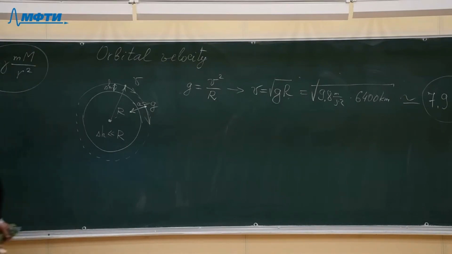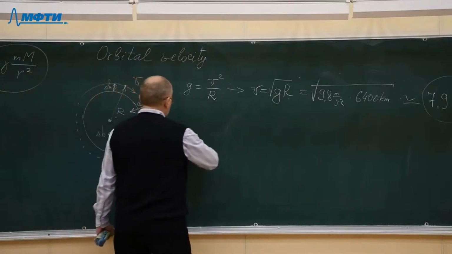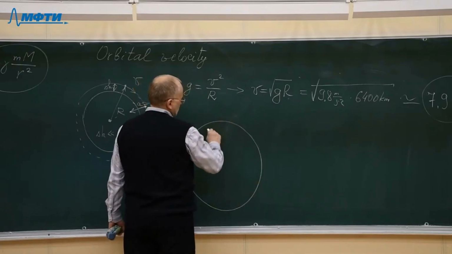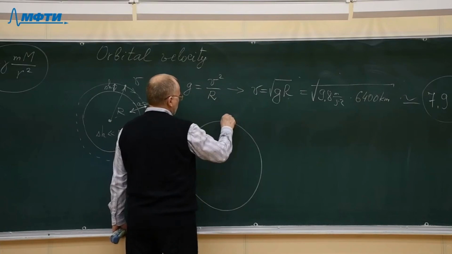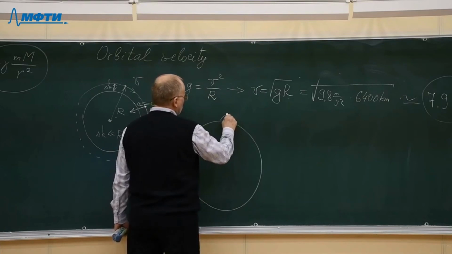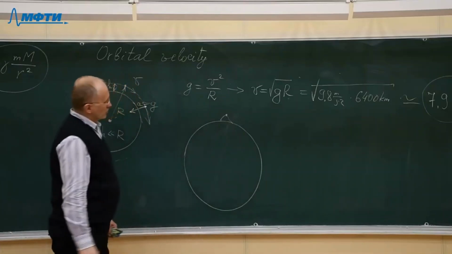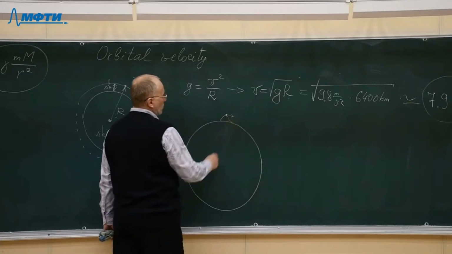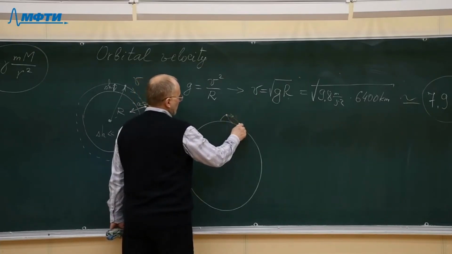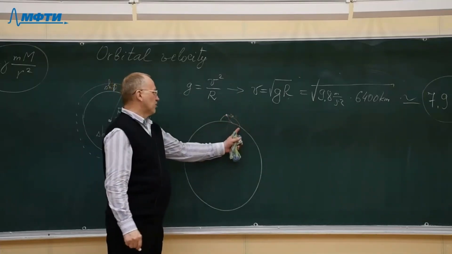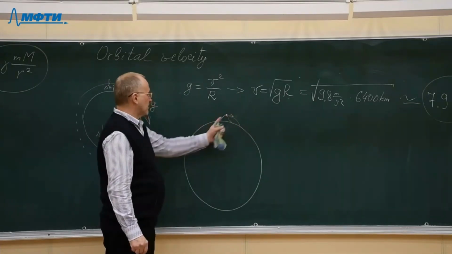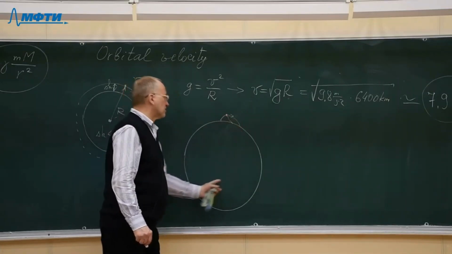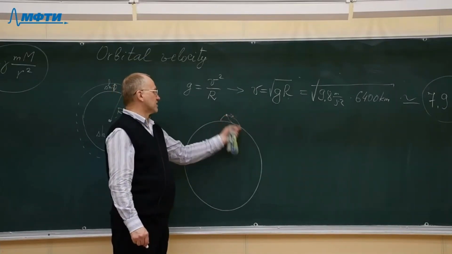What happens if the velocity is smaller? Imagine a high mountain. There is a high mountain, and we throw objects horizontally from the top of this mountain. If the velocity is small, then the object will fly along a parabolic trajectory. Actually, it will be a part of an elliptical motion, but on a small scale it looks like a parabola.